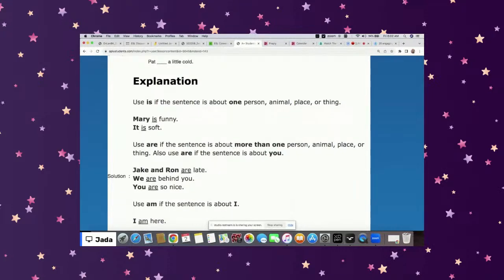Okay, so use is. What we're using is if the sentence is about one person, animal, place, or thing.